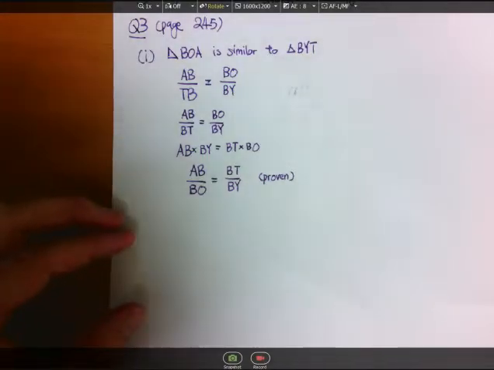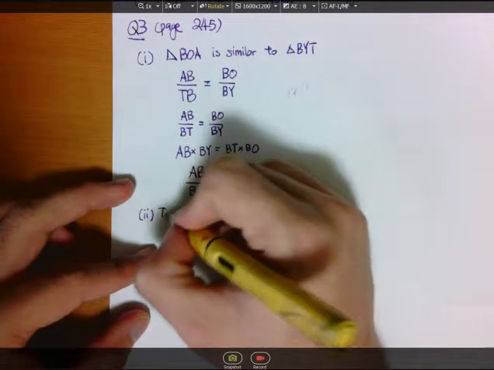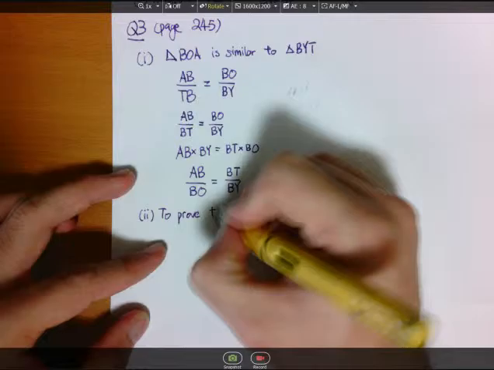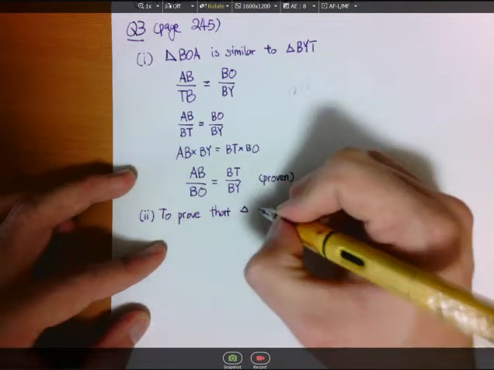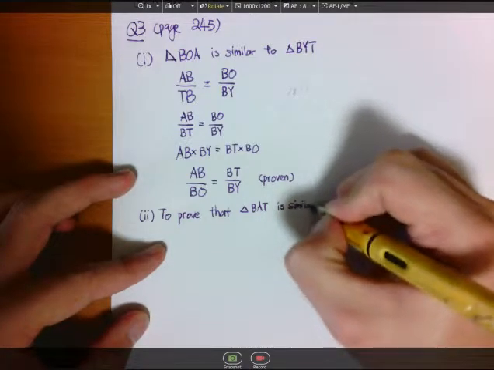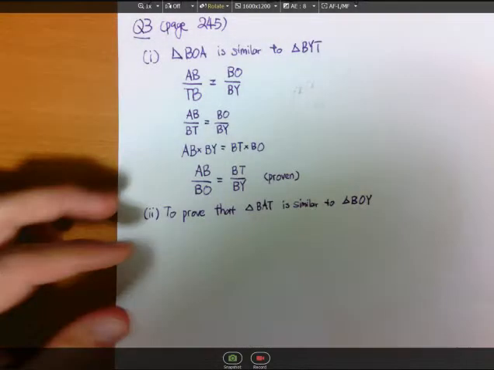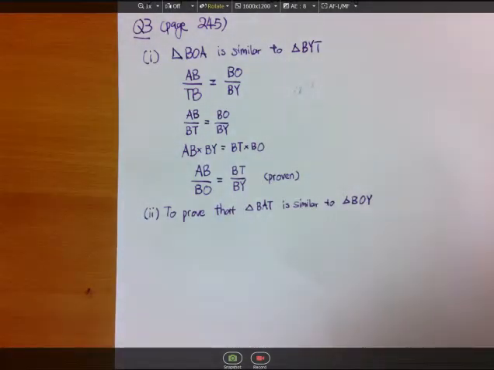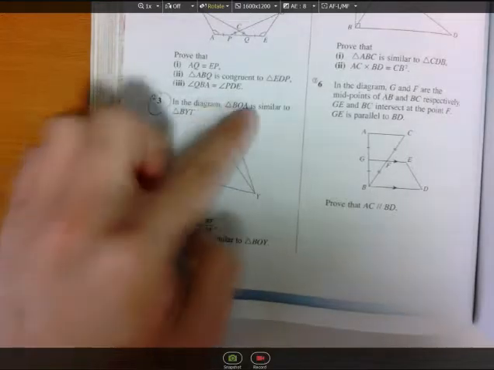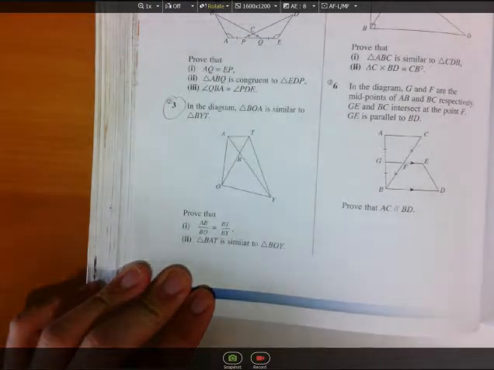Now we will look at question 3 part 2, where we are asked to prove that triangle BAT is similar to triangle BOY. If you look at your diagram, BAT and BOY, straight away you can tell that there is a pair of angles that are equal. What are they?